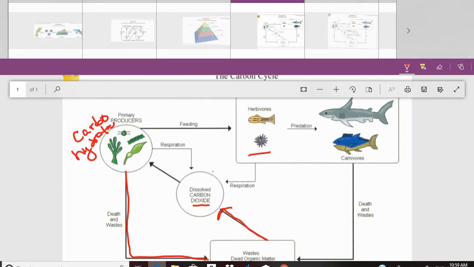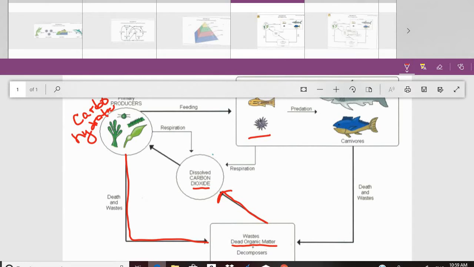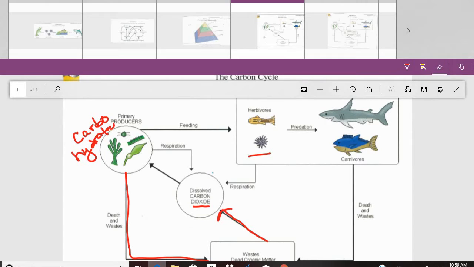That carbon dioxide gets converted to carbohydrates through photosynthesis, and then those plants are eaten by different organisms. Those organisms excrete waste, and that waste is then recycled back to carbon dioxide by things like bacteria or other decomposers. Okay, so the carbon cycle is really important for a marine ecosystem.